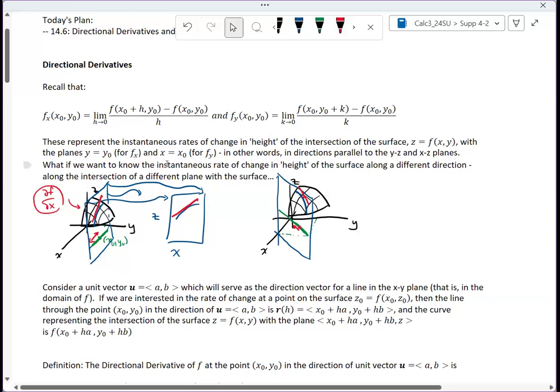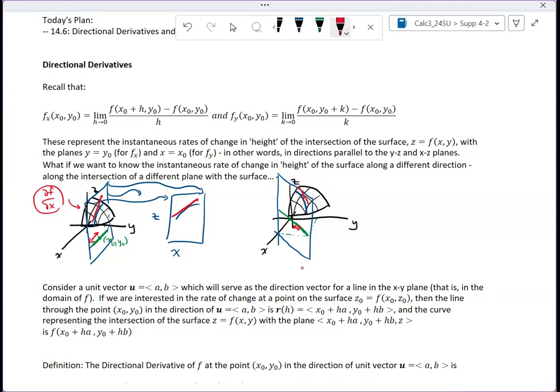And this is the idea of a directional derivative. So investigating a similar idea to partial derivatives, but for input lines, so to speak, that are not necessarily parallel to the x or y axes.